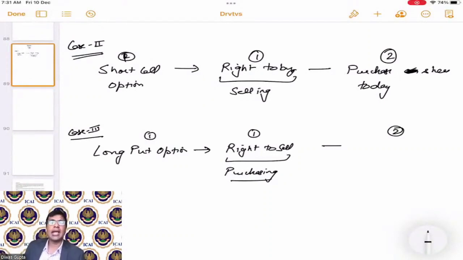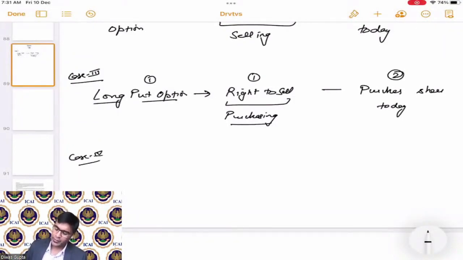Buy today in the cash market. So that means we again have to purchase the share today and keep it, because we have done a long of put option, so that on a future date, on expiry, once the time comes, I will deliver the shares and sell the shares. Correct?